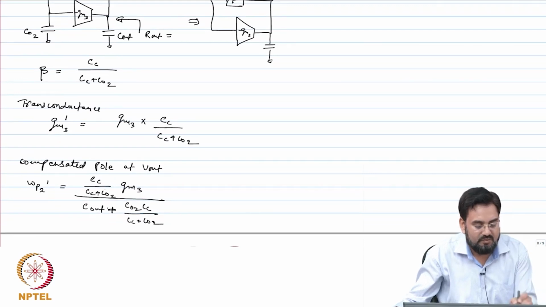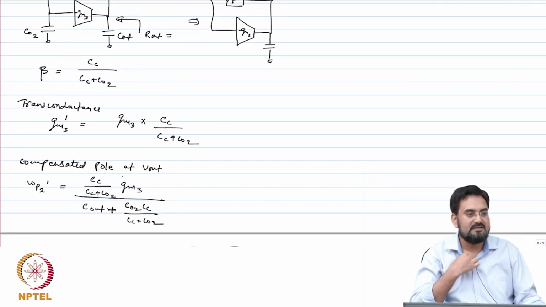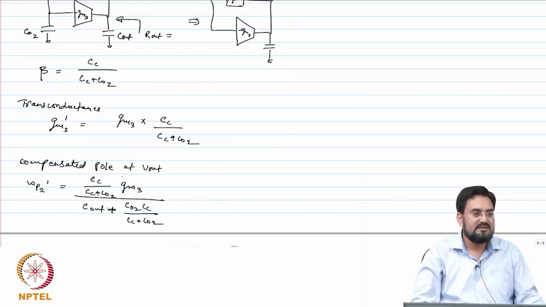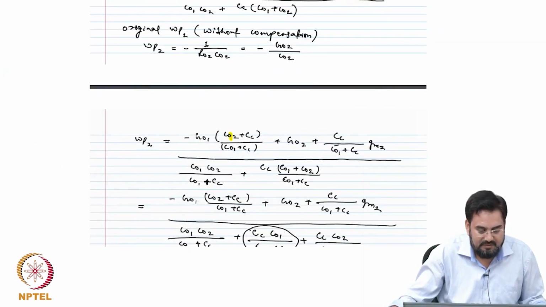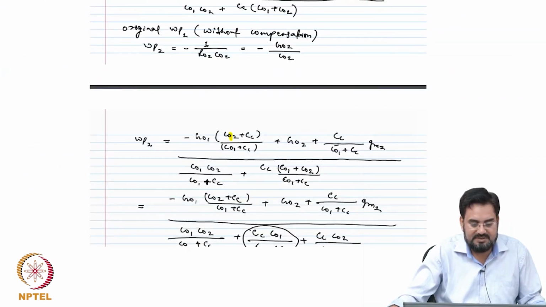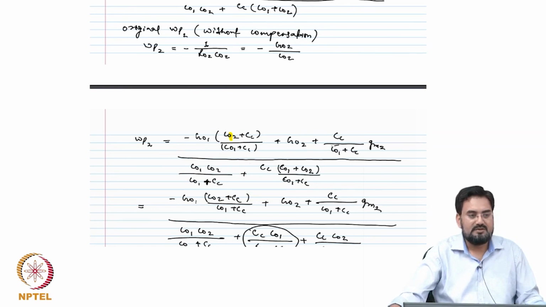No, but what is the dominant term here? That is what will come. So that's why I showed you that if you look here, there are two terms here, GO2. So that is in parallel, but since this is a dominant term, this will go away because GO2 is much smaller, because RO2 is much larger, but Gm2 is much larger. So that's why we ignore that.